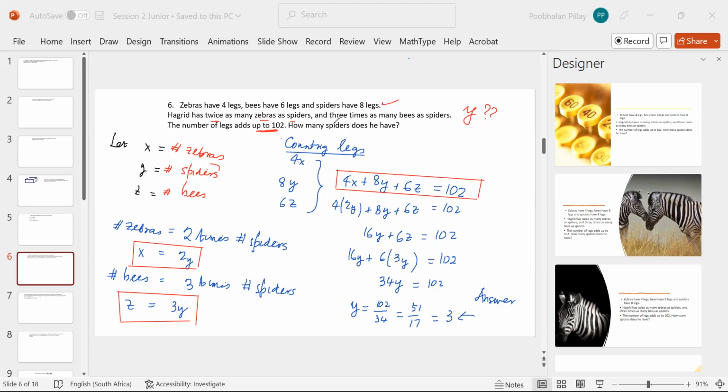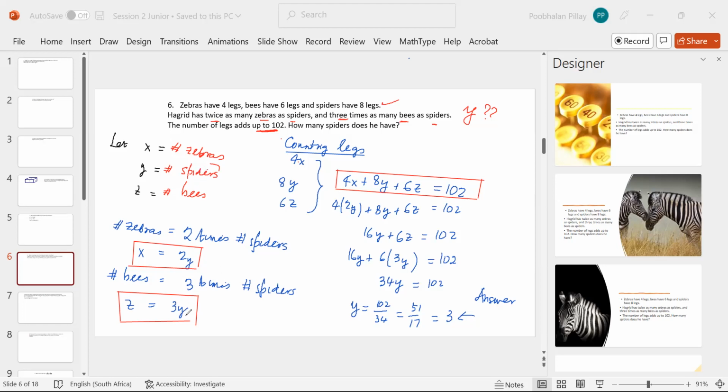Now let's get on to the third piece of information. She has 3 times as many bees as spiders. So the number of bees is 3 times the number of spiders. The number of bees is z, and that is equal to 3 times the number of spiders, which is y.